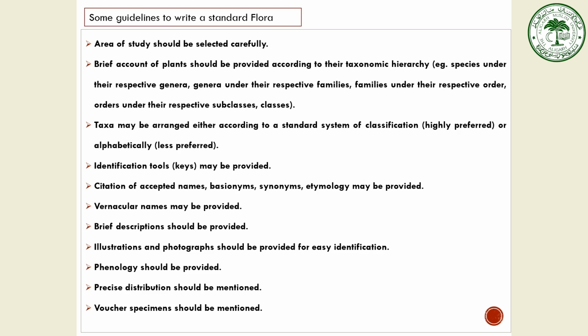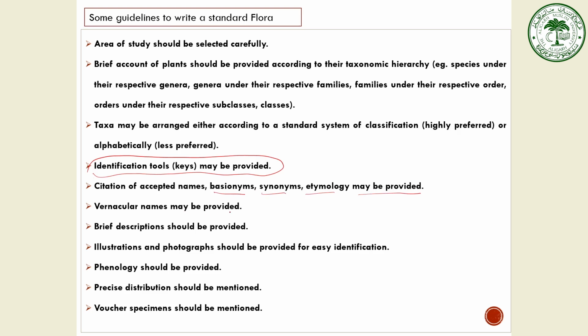Then taxa may be arranged either according to a standard system of classification, which is highly preferred, or alphabetically, but it is less preferred. And additional tools may be provided, which is very important for the flora to reach out certain characteristics. Then citation of the accepted names, like basionyms and name etymology, may be provided.